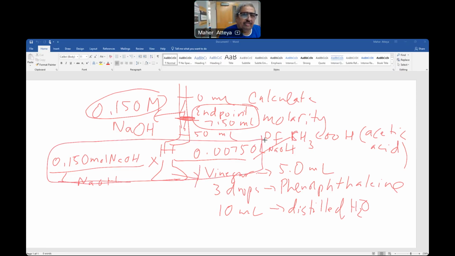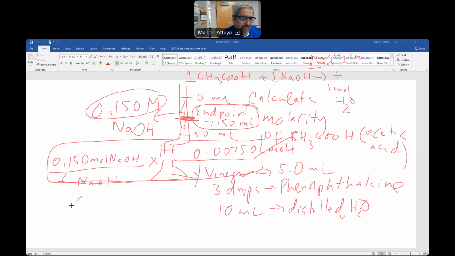Then I look at the chemical equation. 1 mole of acetic acid reacts with 1 mole of sodium hydroxide to give 1 mole of the salt, sodium acetate, and 1 mole of H2O. So everything is 1 to 1.